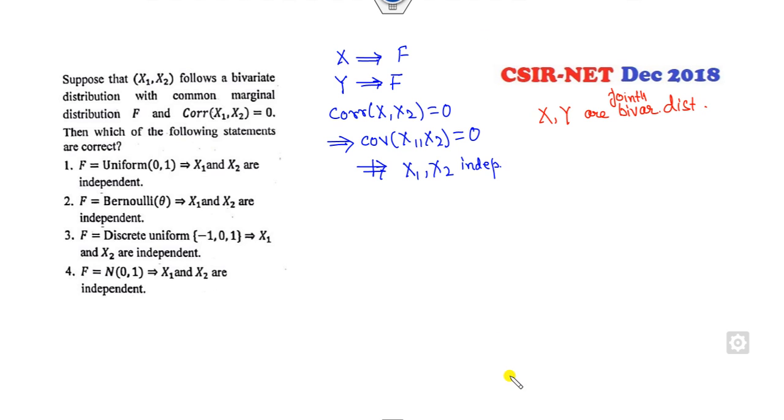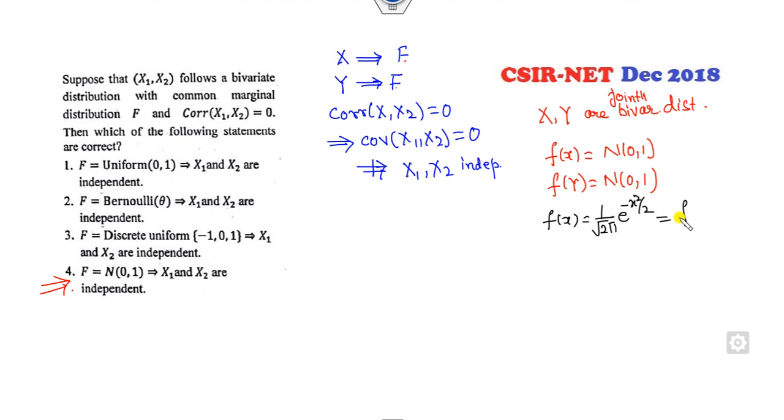Now look at the definitions. Firstly, look at the fourth option. If F follows my normal distribution, it means F of X is my normal distribution, F of Y is my normal distribution. So as I told you in my previous example, what is the PDF of this? 1 over root pi e to the power x square by 2, which is F of Y, but F of X into F of Y is not equal to F of X, Y, so that means they are not independent.